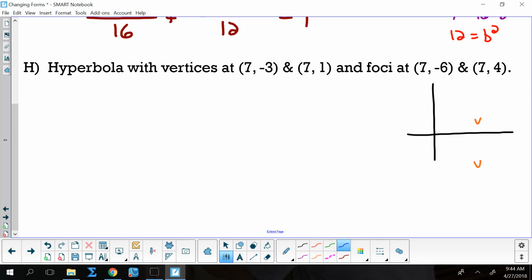The middle. So where is the middle of those two points? 7 comma negative 1. Okay.